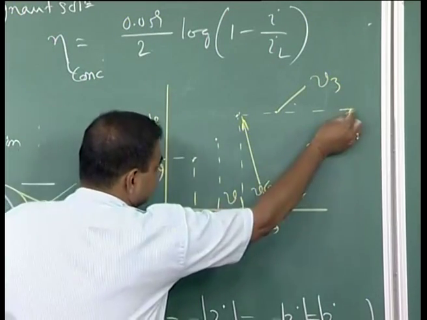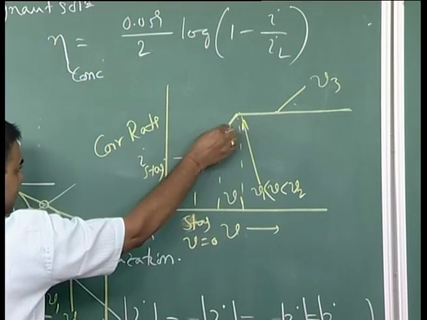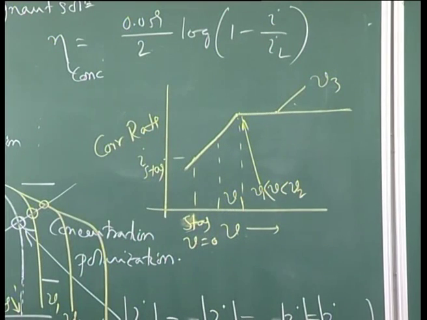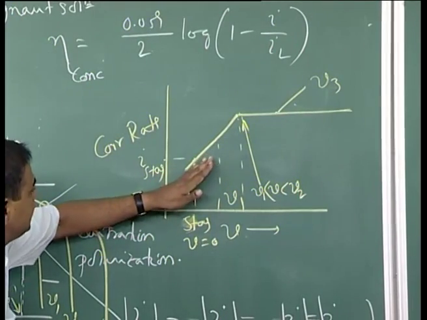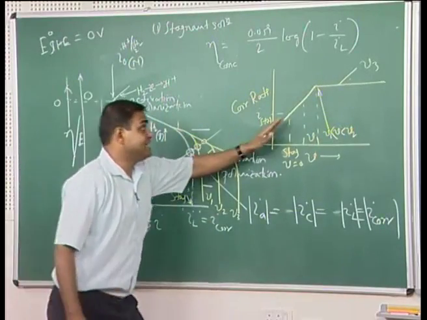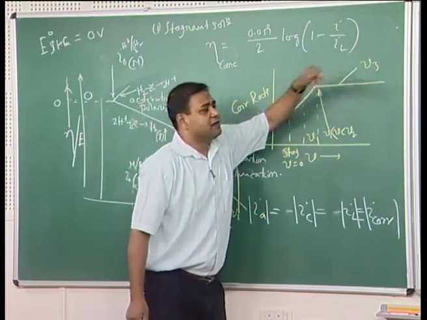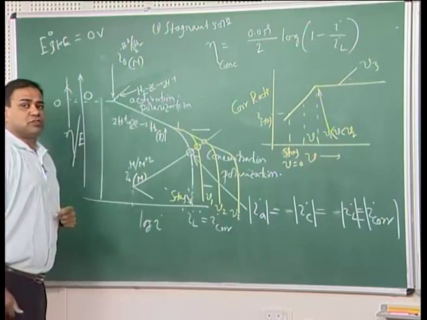So if I join this, this is my corrosion rate plot, fine. So the corrosion rate plot is basically initially with the increase in velocity it would increase, and then finally it would be a plateau or constant corrosion rate.